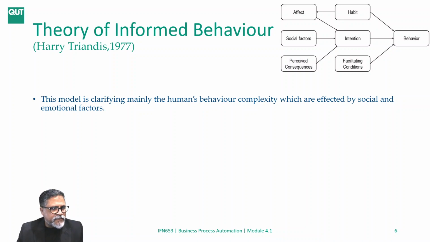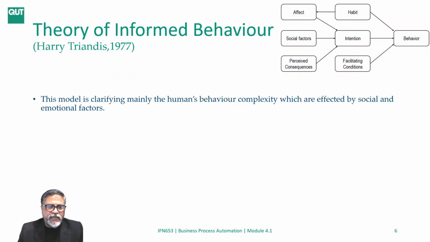So TRA differs from TIB, or theory of interpersonal behavior, in the sense that TRA is interested in accounting for the most variance with the fewest variables, whereas TIB, which we are discussing now, is interested in accounting for the most variance in total, because even a small amount of variance may be socially important.